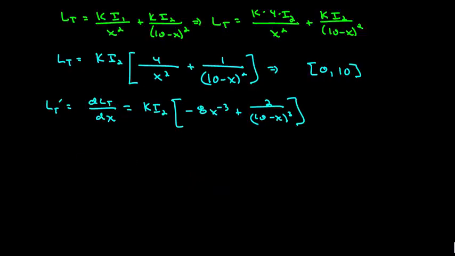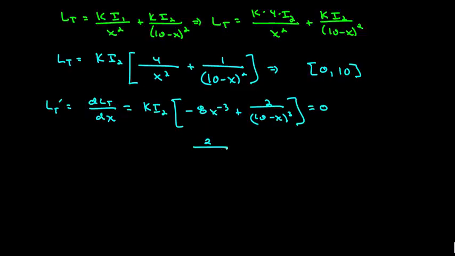Now if we look for its critical points, we set this guy equal to 0. So that means that for our x values, let me just rewrite this.